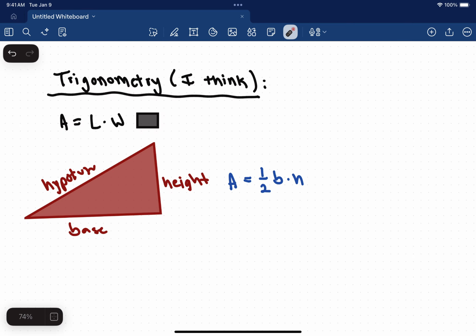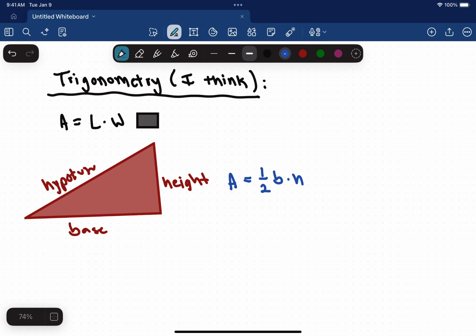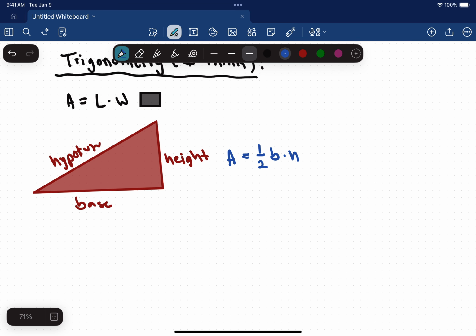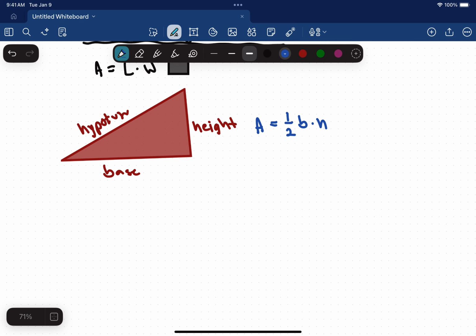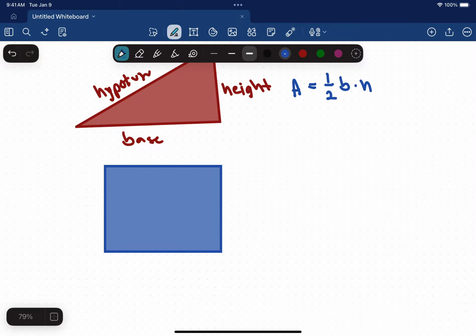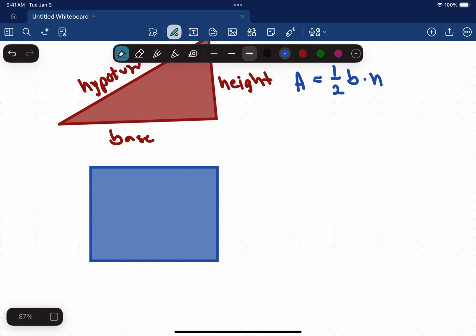Now, I am going to put this in words because it makes sense for me, but hopefully it'll make sense to you. To find the area of a triangle, think of it as just a regular old rectangle.